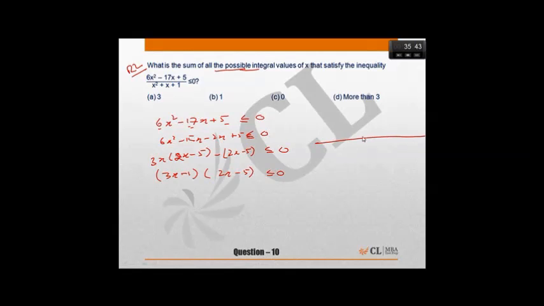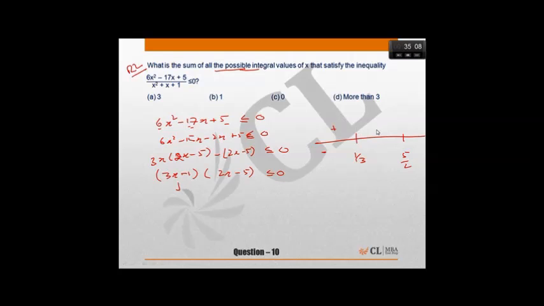And going back to the number line, this will be 0 when x is equal to 1 by 3. 3x minus 1 equal to 0, that means x equal to 1 by 3. And 2x minus 5, so x equal to 5 by 2. When x is less than 1 by 3, both will be negative, so the product will be positive.